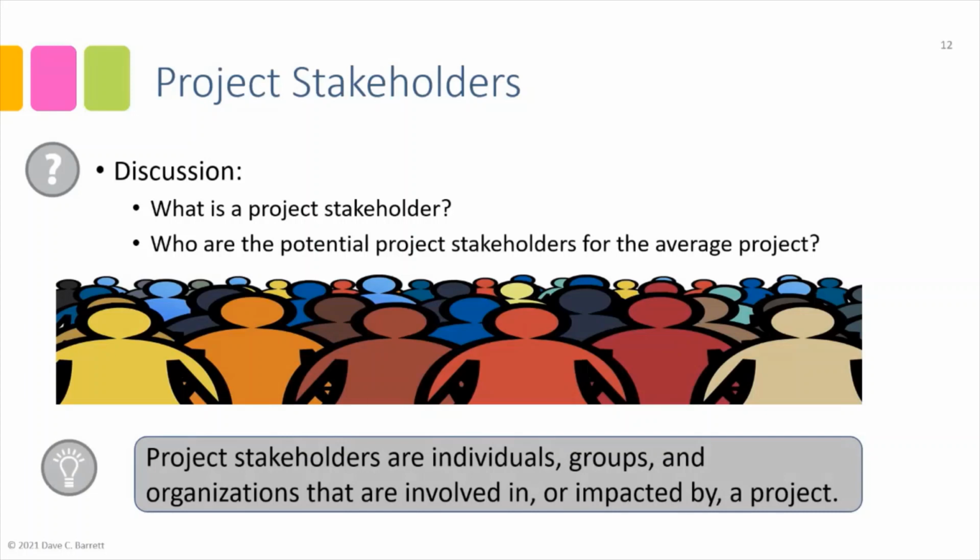So who would be potential stakeholders? Well, there are many. The project manager is a stakeholder. The people working on the project are stakeholders. The customer is a stakeholder. The regulatory bodies, government organizations that may be involved in approving work that is done are stakeholders.